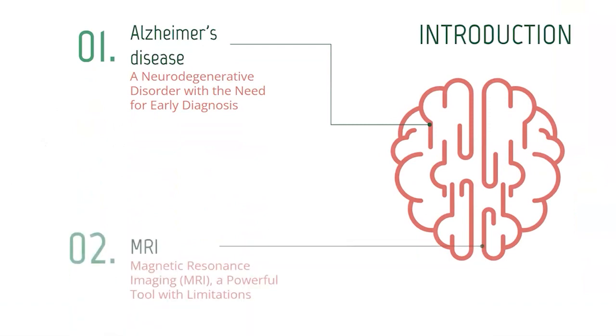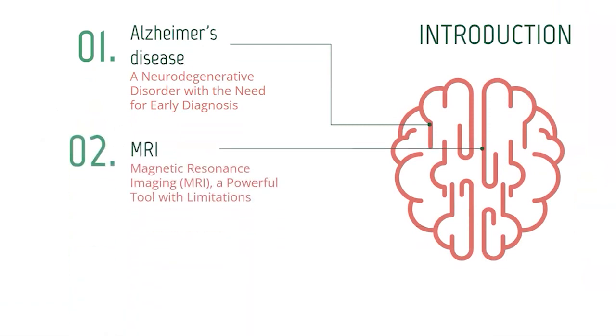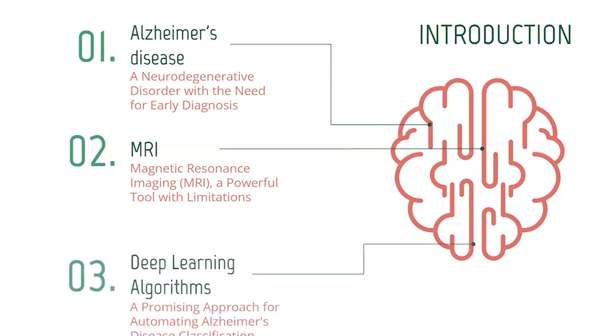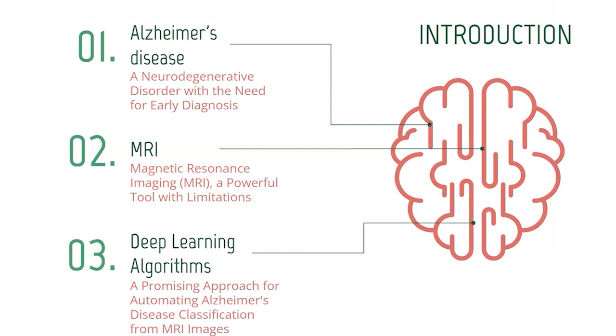MRI is the most powerful tool used to detect Alzheimer's, but the main problem is that it's time consuming and you need to refer to an expert for the analysis. So our plan is to use deep learning algorithms for classifying Alzheimer's into its stages so that we could detect it early and a more effective treatment could be planned.